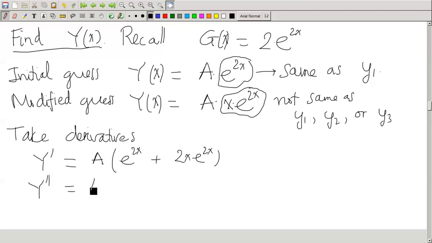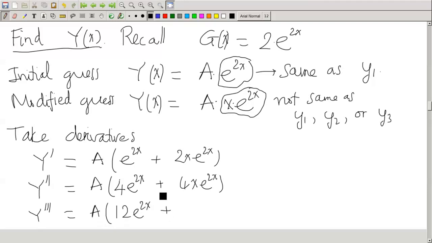It's a little bit tedious to do, so I'm just going to write down the formula for the second derivative and the third derivative. After using the product and chain rule and collecting like terms, we have the second derivative as 4e to the 2x plus 4x e to the 2x, and the third derivative is 12e to the 2x plus 8x e to the 2x.